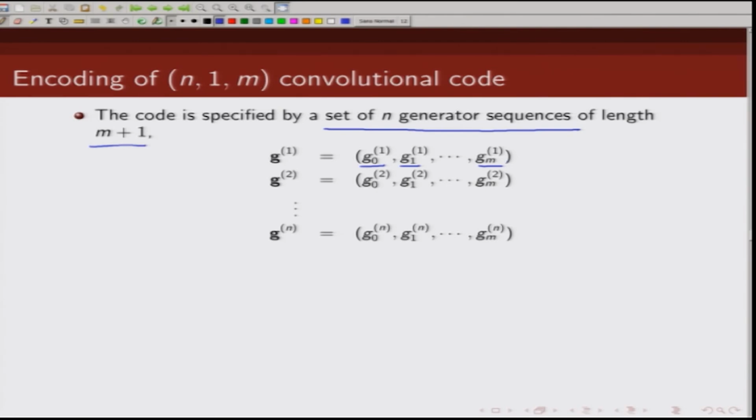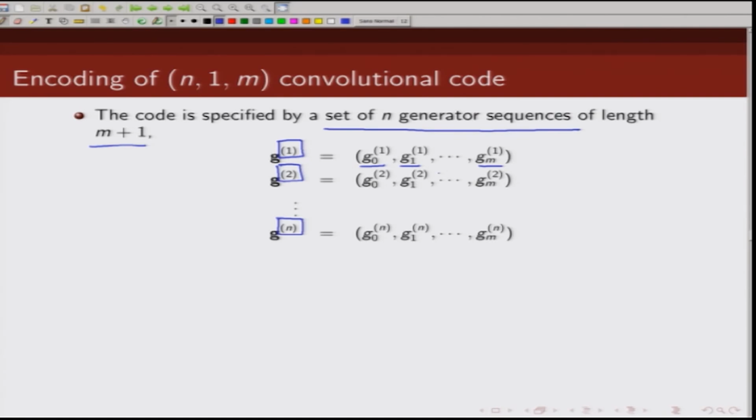The superscript that you see, 1, 2, 3 and n, corresponds to each of the output sequences. The first output sequence is specified by the generator sequence g1, the second output sequence by the generator sequence g2, and the nth output sequence by the generator sequence gn. And what are these gi's?